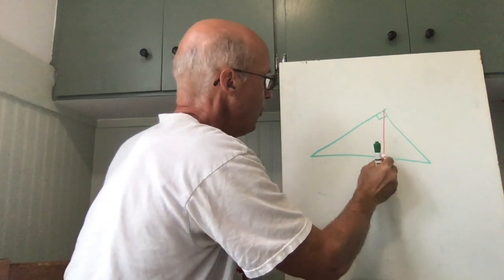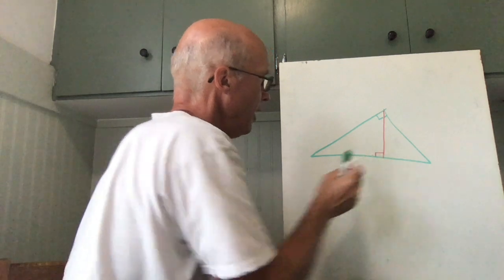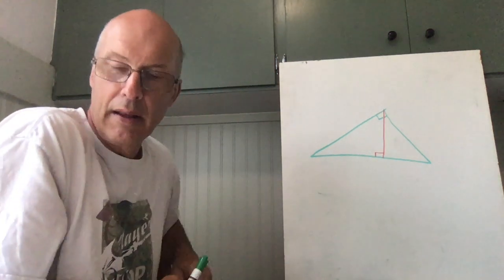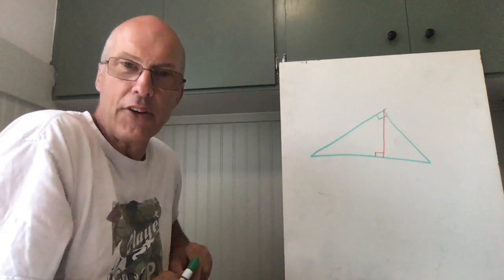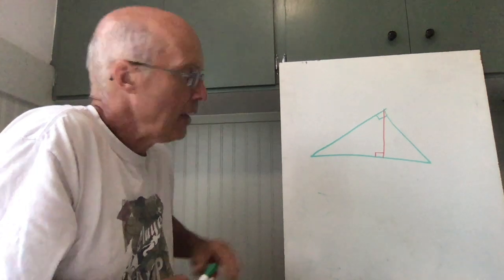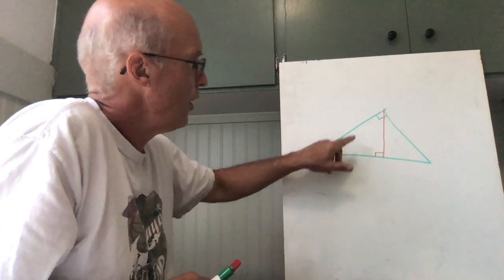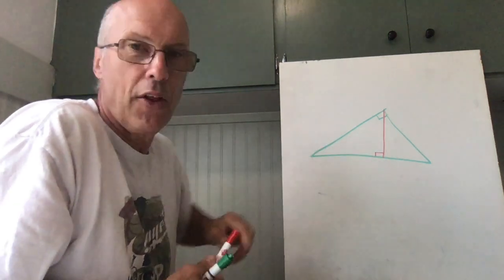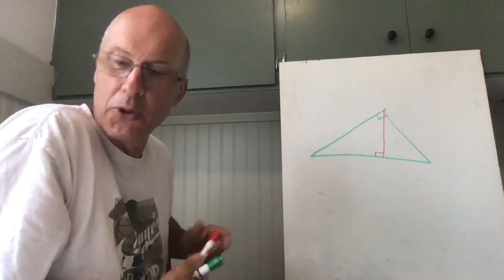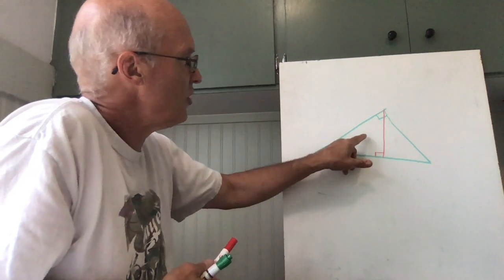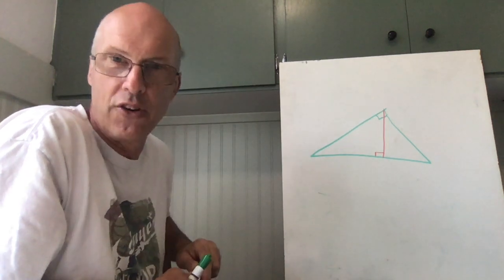I draw the altitude, which comes down at a 90-degree angle. Anytime you draw the altitude of any right triangle, it splits this triangle into two other triangles that are, first of all, right triangles. But the cooler thing is it splits them into triangles similar to the original.